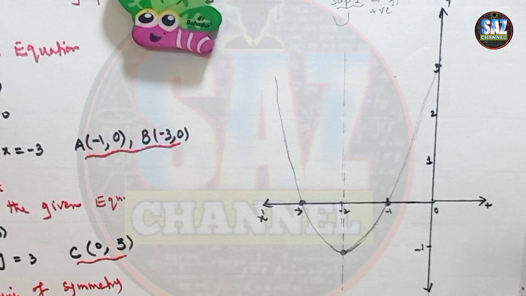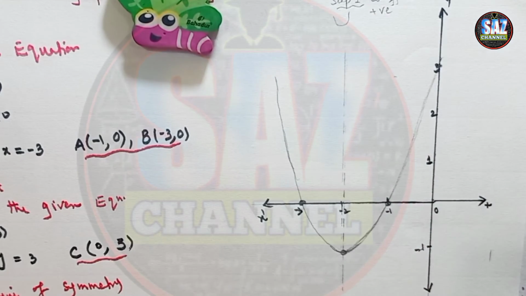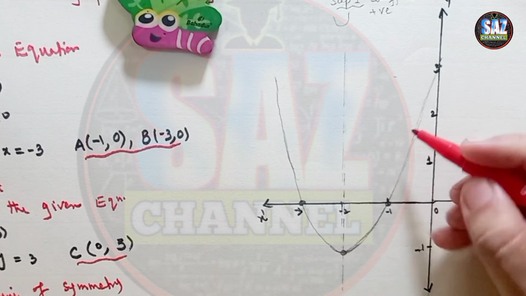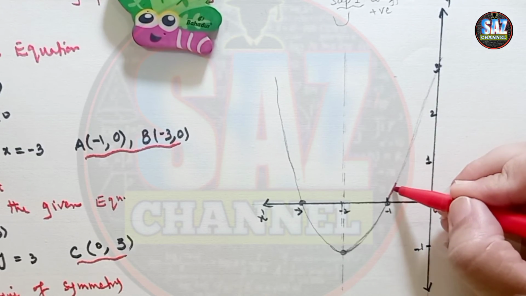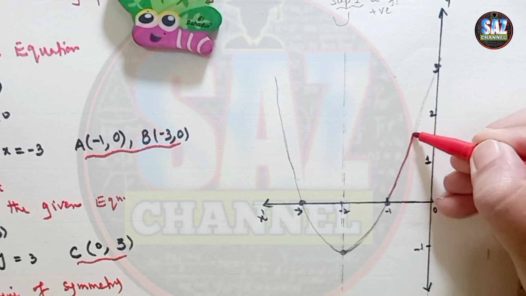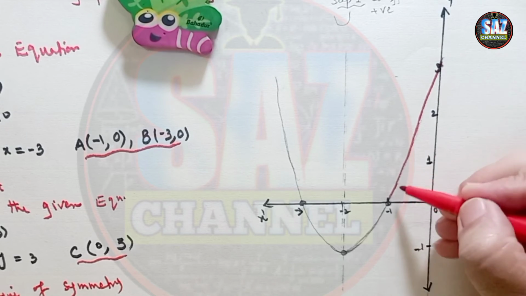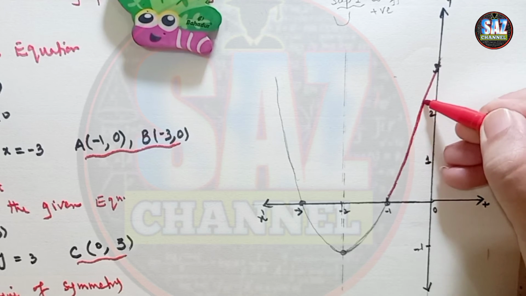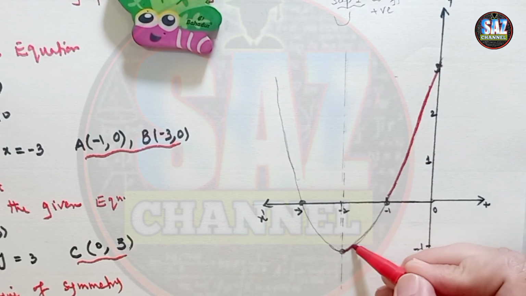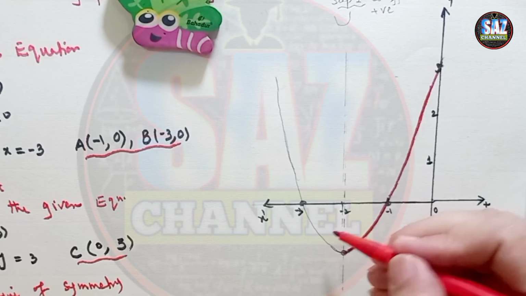Now it's time to join all these points with the help of a pen so that my students can understand this graph and see it more visibly. It has to be a smooth flow. Join these points and let me make it a little more perfect so that my students are not confused, that this should not be a shaking curve.